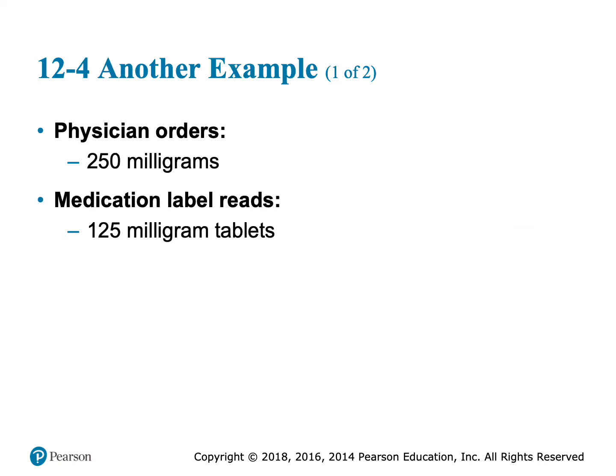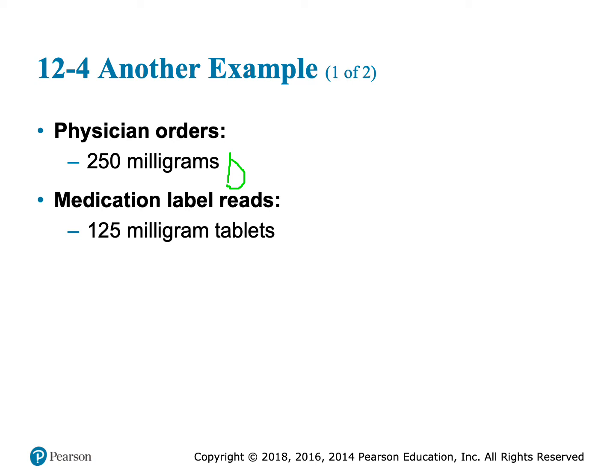We're actually going to work through this one this time. So the physician ordered 250 milligrams. This represents D, right? The dosage that the physician ordered. And when we look at the label, we see that the label says there's 125 milligrams per tablet.